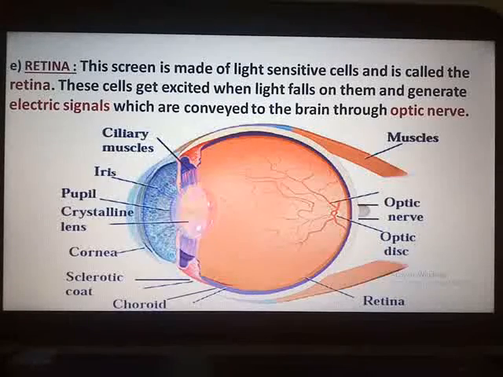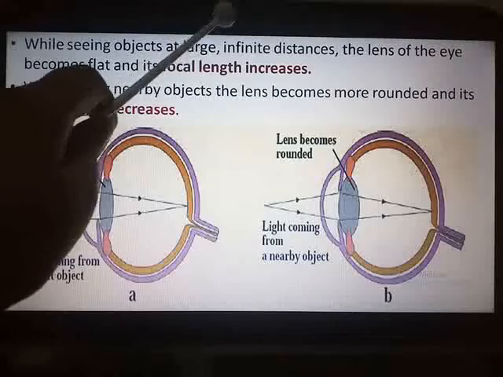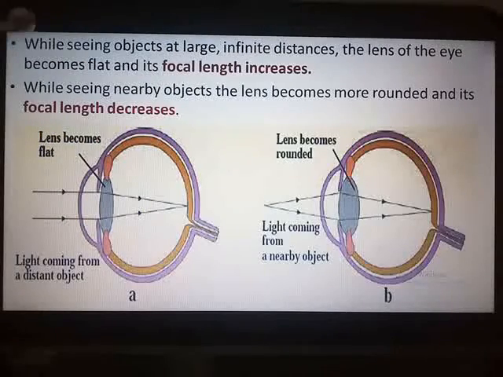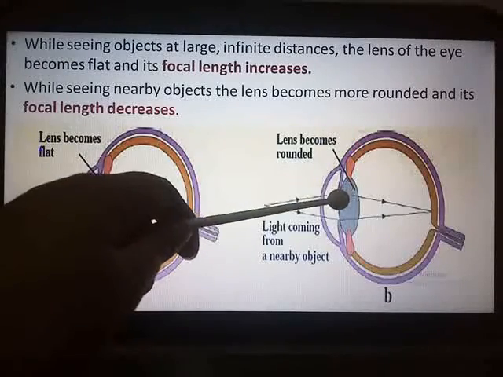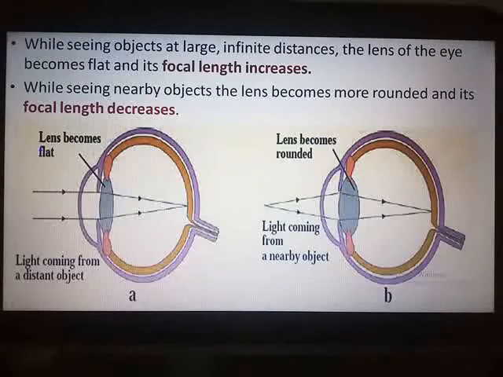Next, we will see how the focal length increases or decreases. While you see objects at large infinite distances, the lens of the eye becomes flat and its focal length increases. Exactly opposite, while seeing nearby objects, the lens becomes more rounded and the focal length decreases.